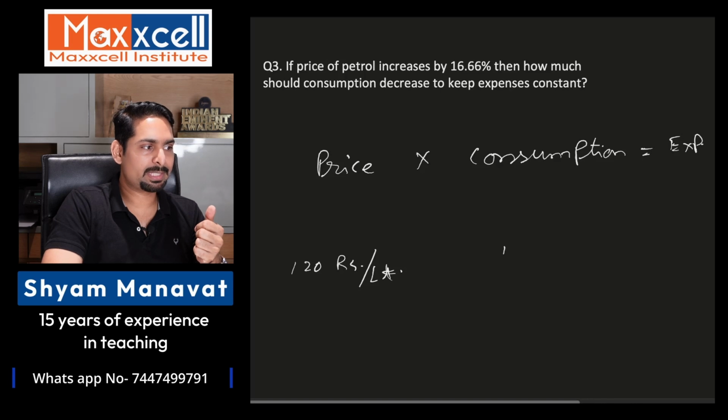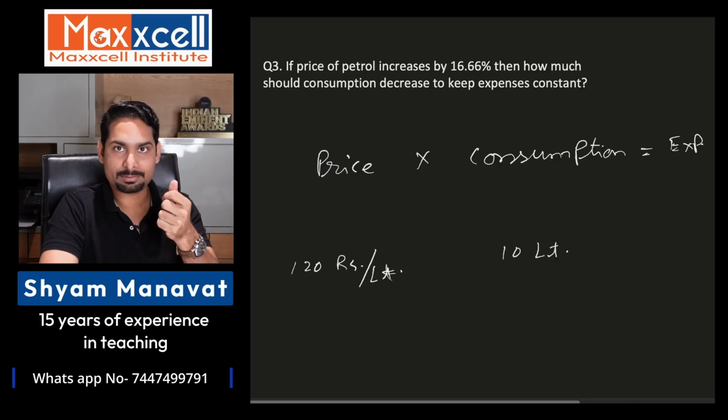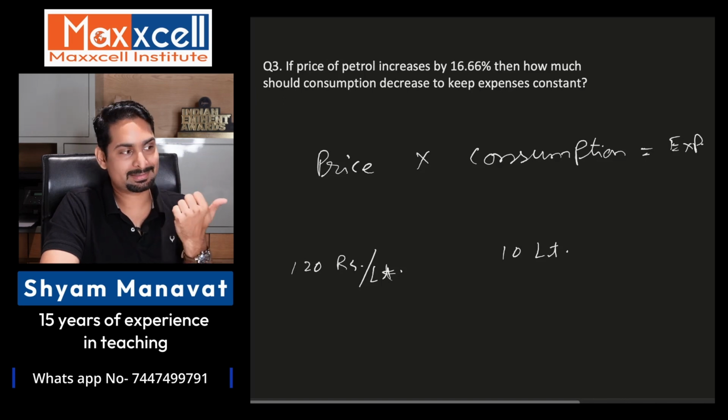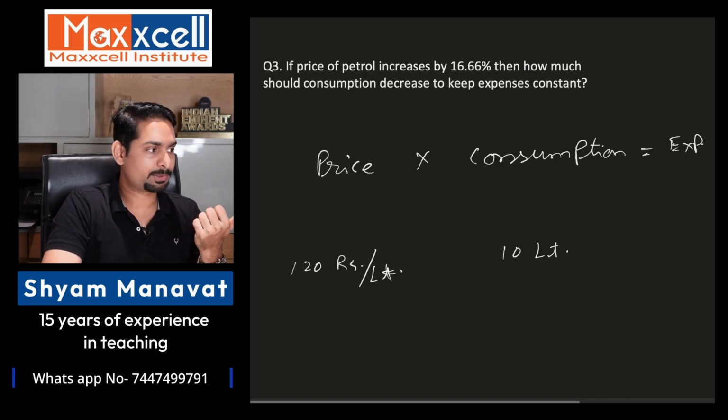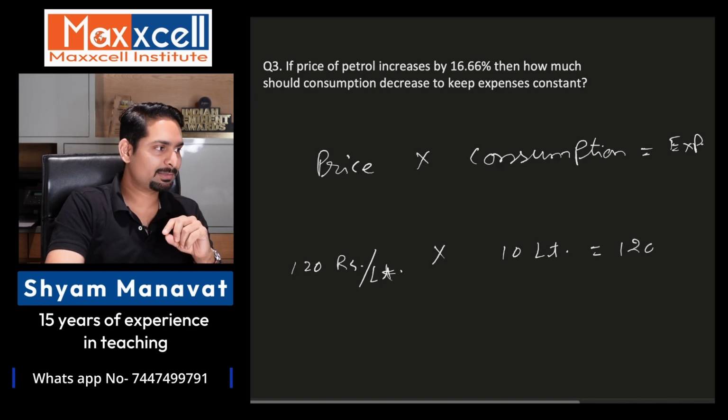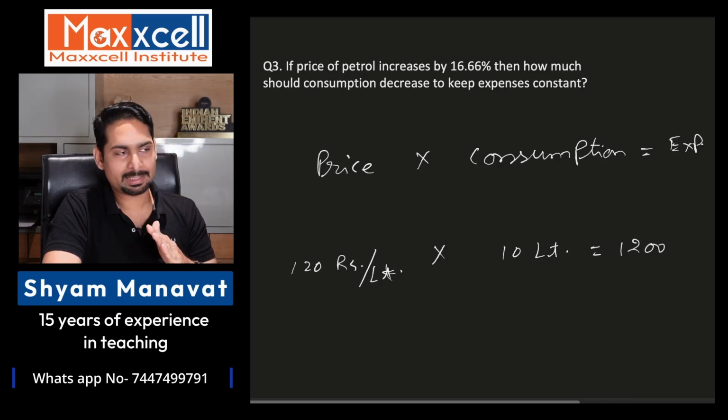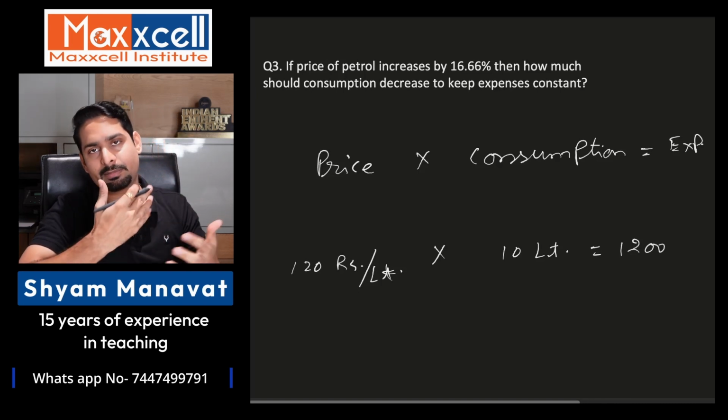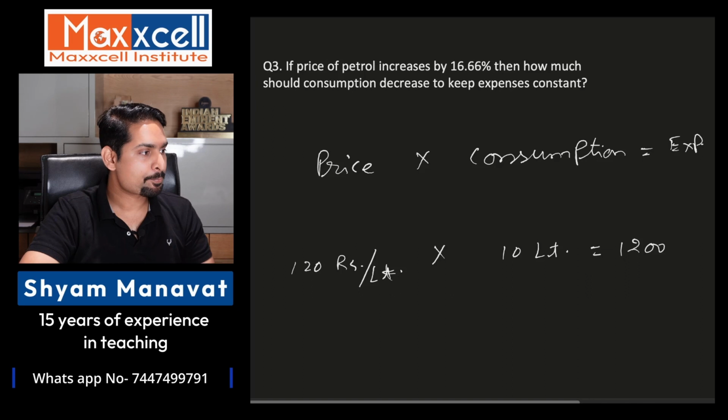So how much are you spending to buy these 10 liters? Of course, it should be 120 into 10. How much? 1200. So always remember, price into quantity is expenses. This is not a formula, but with common understanding, you can figure it out.